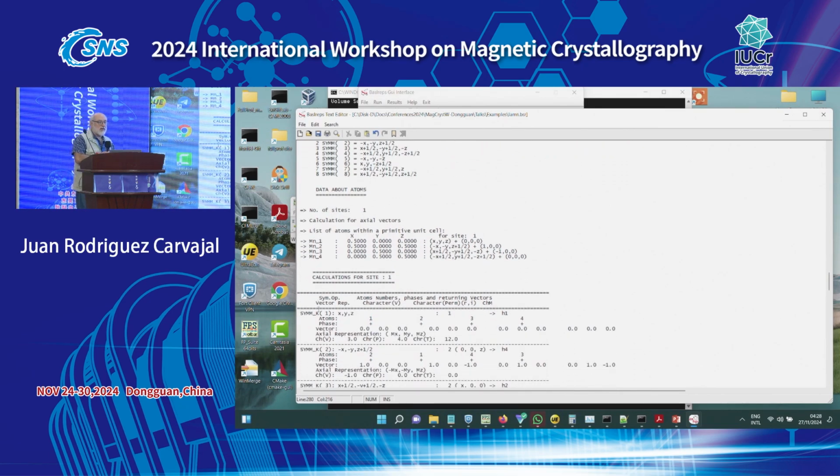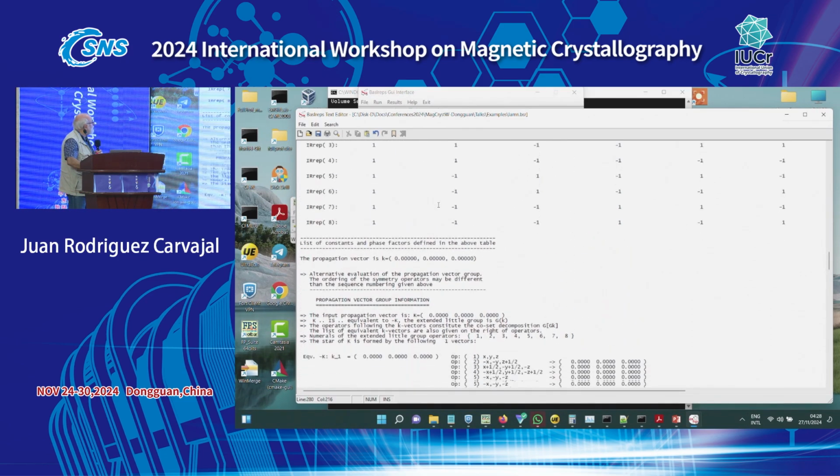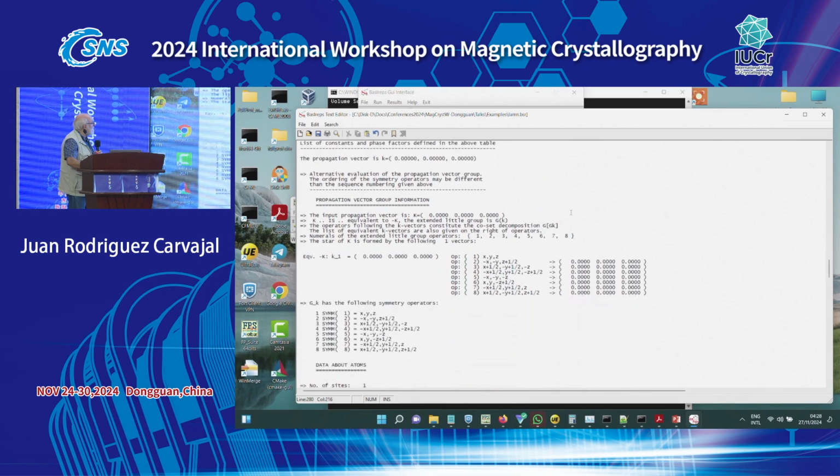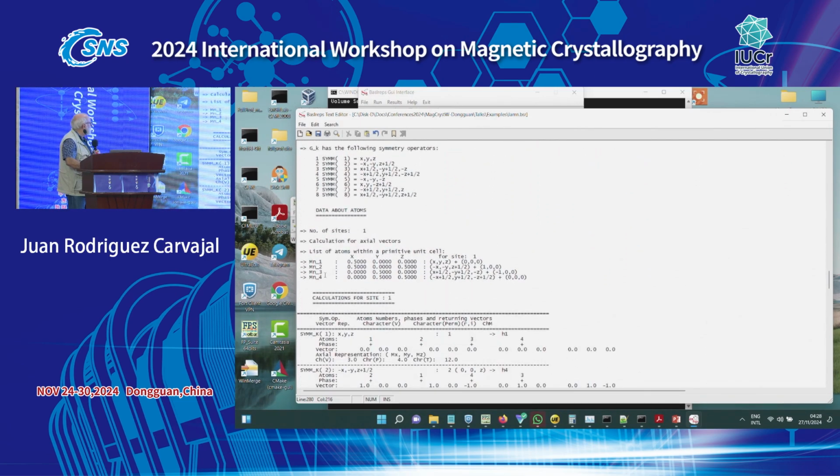Now, data about atoms. Up to here, we have all the information of the matrices and the propagation vector group. Here, now, we put atoms in a particular Wyckoff position, and then, instead of having 8 atoms, we have 4, because there are some symmetry elements that leave the position invariant.